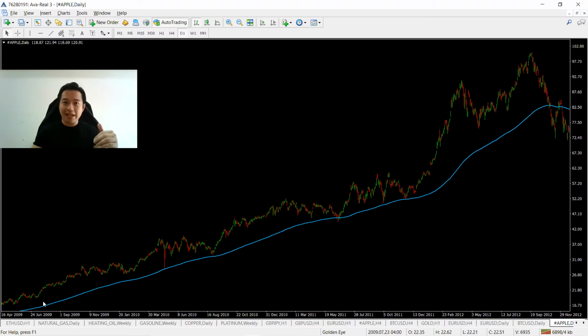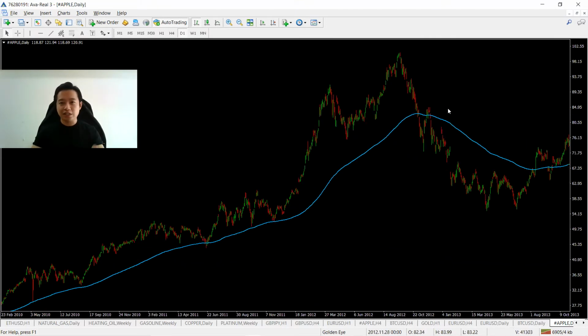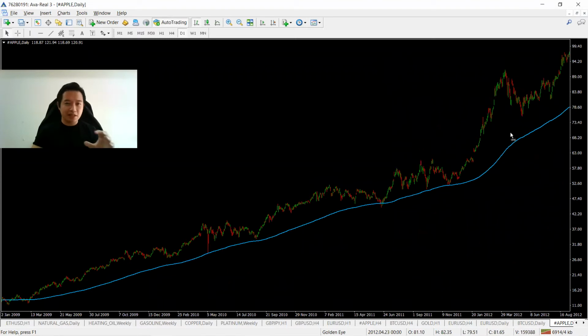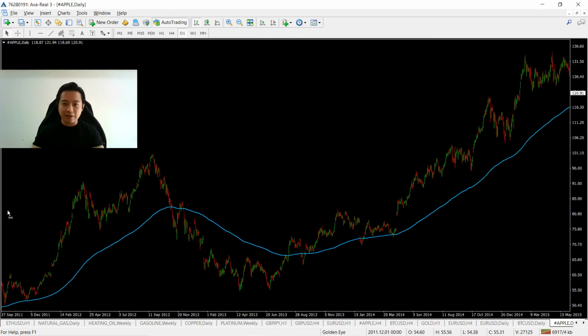If you use this as a gauge, you will know that if price is above the 200 EMA, the stock is likely in an uptrend, and let's go for the buy, right? And the moment it crosses below, the stock is in a downtrend, that's where you want to stop buying, and probably close out the trade or the stock that you hold, right? And then that's where the stock tumbles down. So it does look good over here. Fantastic, brilliant, the typical chart that you would like to see all the time.